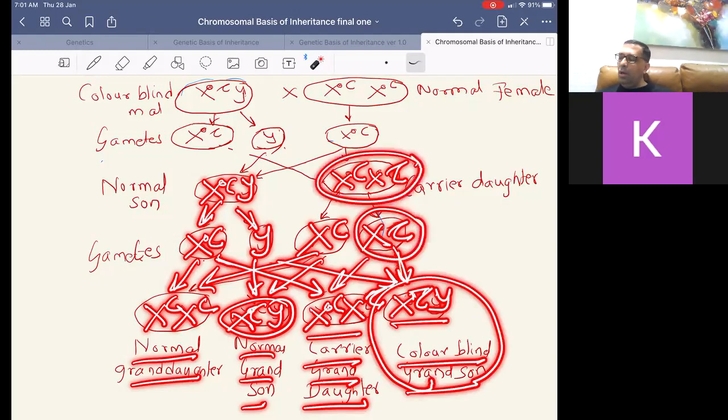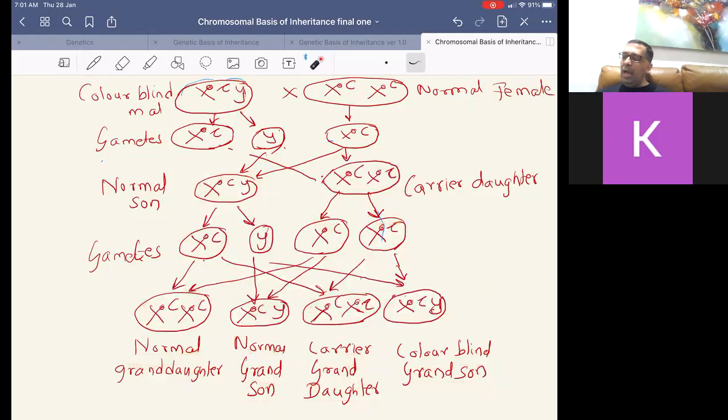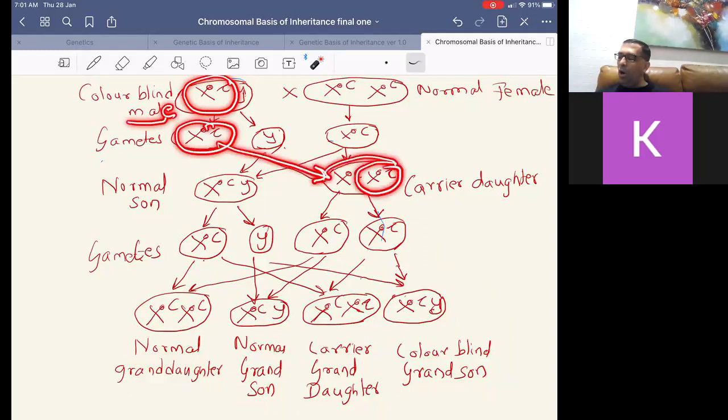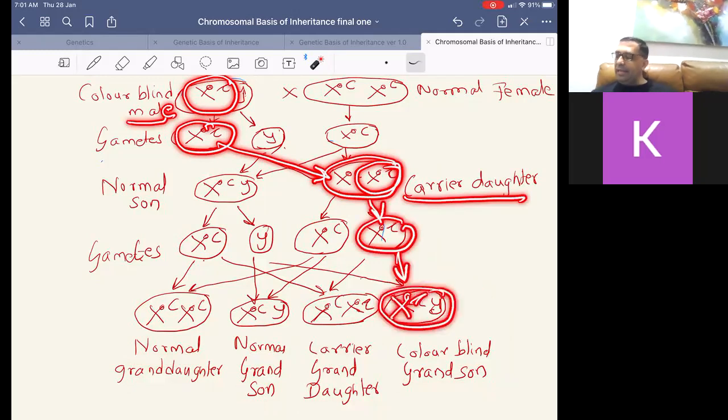and the carrier daughter had got her gene from the colorblind male. So, where has the gene gone from? X small c has gone from the colorblind male to the gamete. From the gamete, X small c has gone to the carrier daughter, and from the carrier daughter, it has now gone to the colorblind son, and that is an example of inheritance.